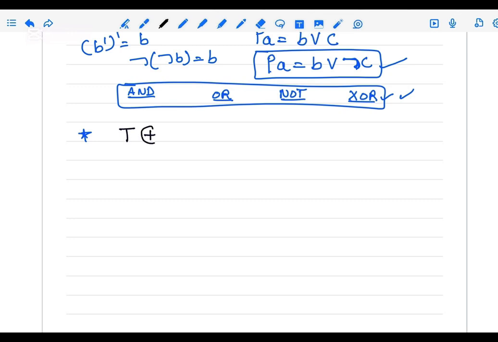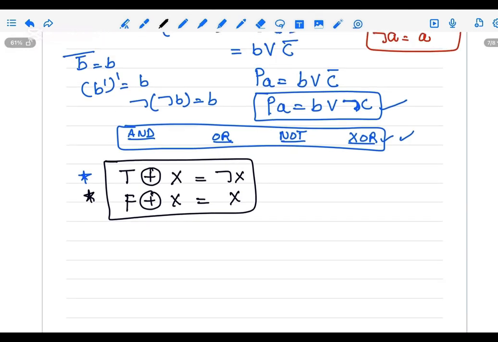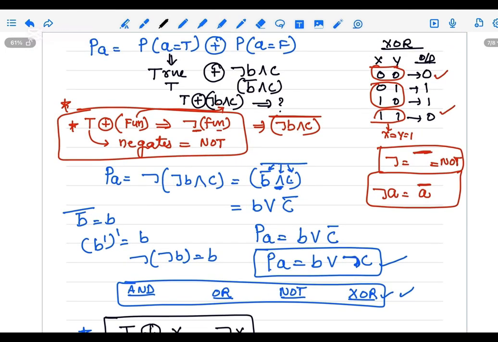True XOR with X is the negation of X. False XOR with X is only X. You can remember this one, it will help to solve this, because we want to find the predicate with respect to the major clause, right? So if we get the function in terms of here, true XOR with X is the function, right? X is the function.